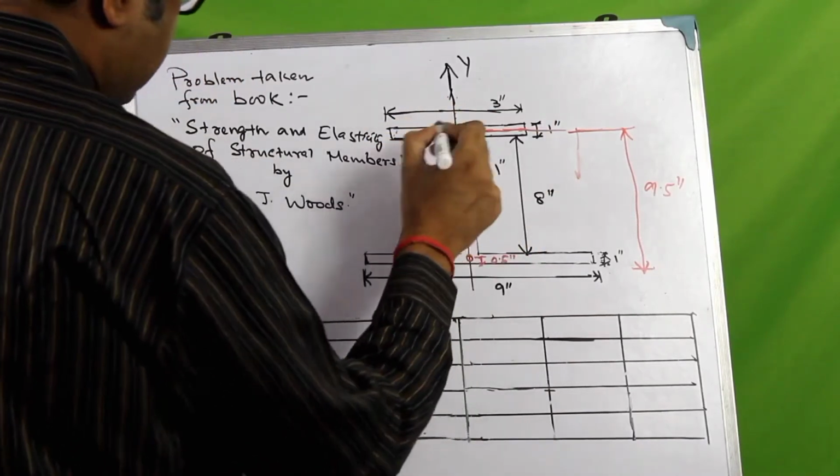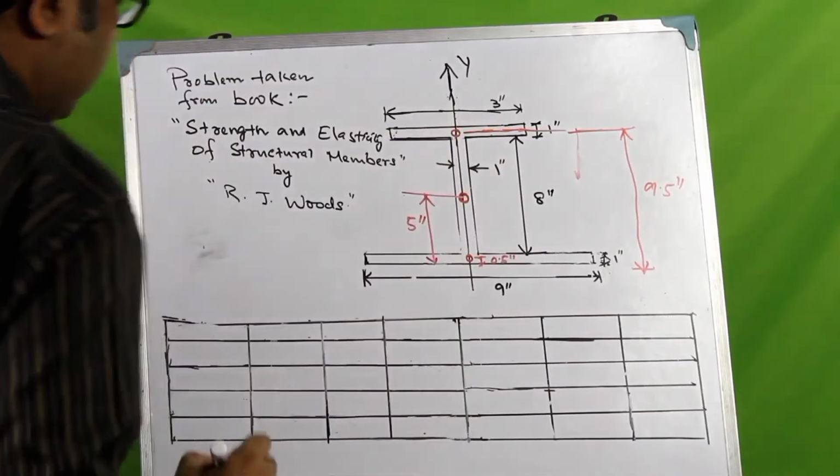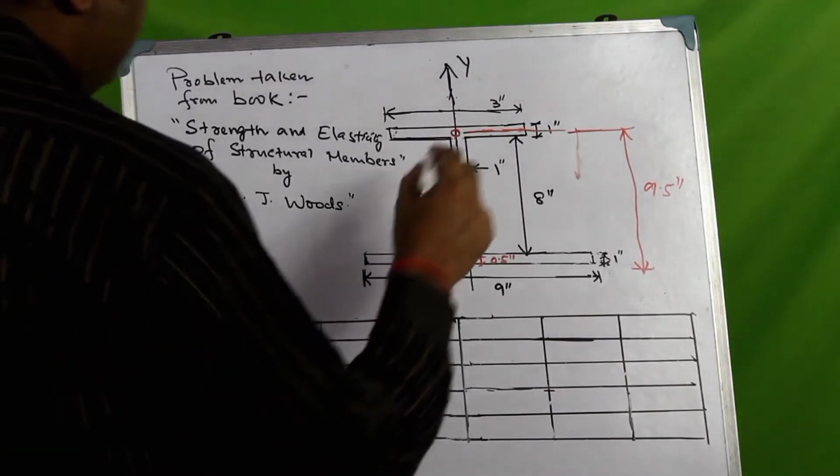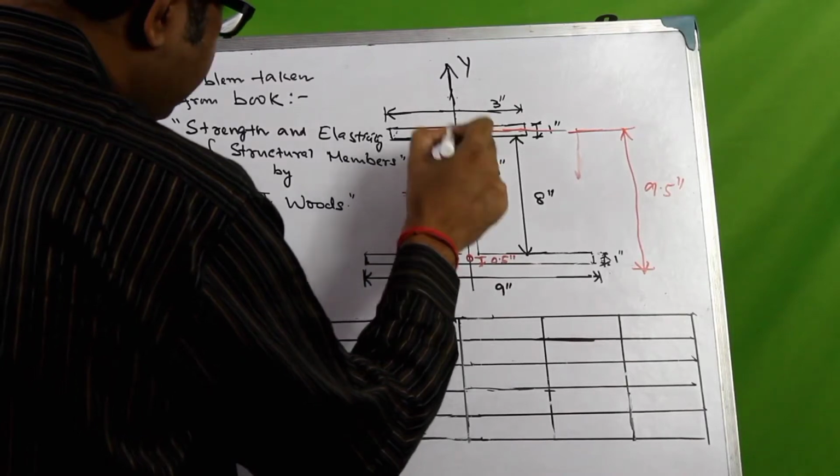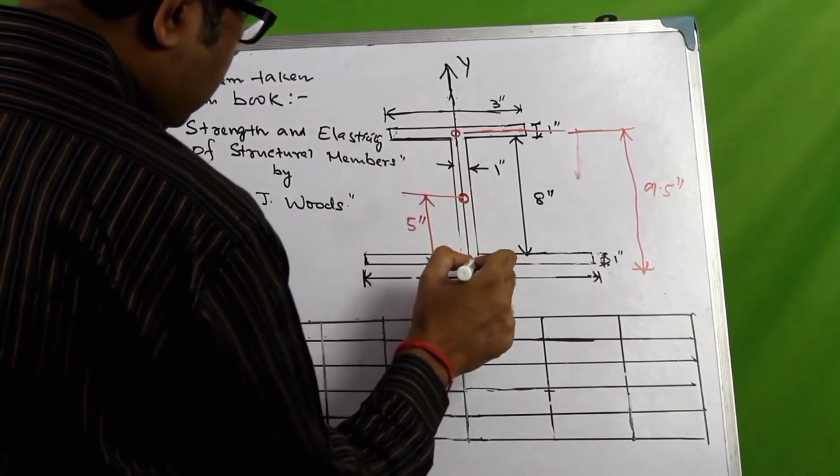That's a rectangular section, and this centroid would lie here at the center. So we have identified the distance of the centroid of the top flange from the bottom flange.